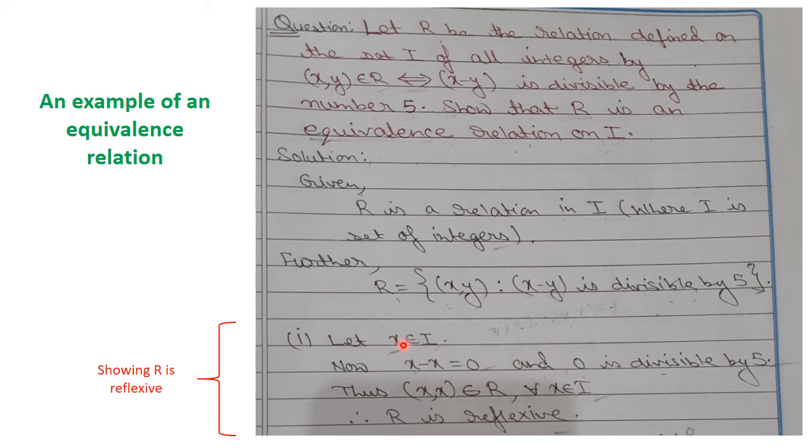So let us take an arbitrary element x belongs to I, then x minus x will be equal to 0, and 0 is divisible by 5. In fact, 0 is divisible by any non-zero number. So (x, x) is a member of R for every x belongs to I. Therefore, R is reflexive.